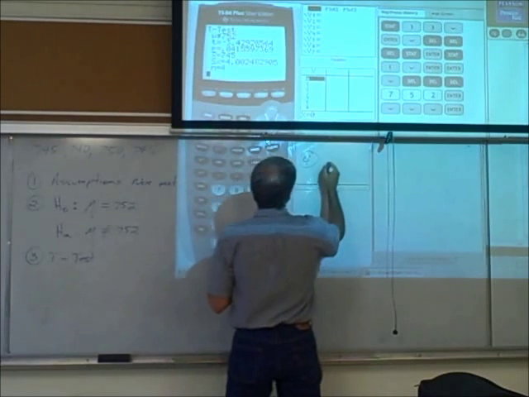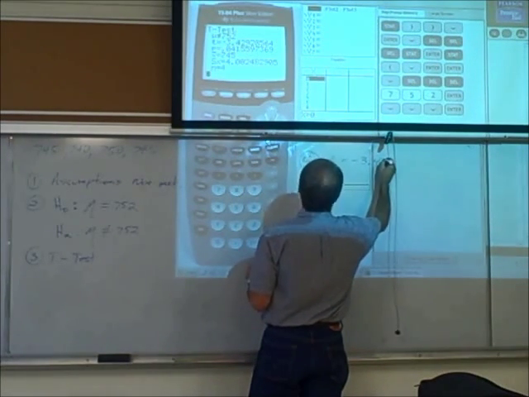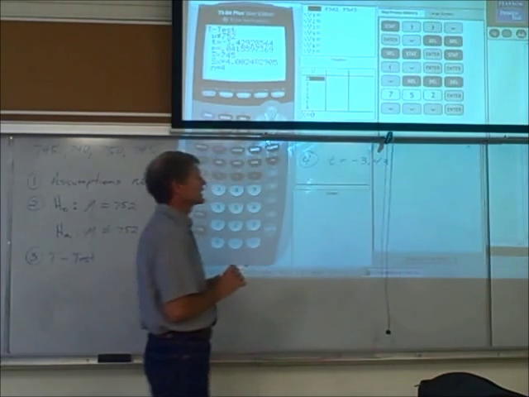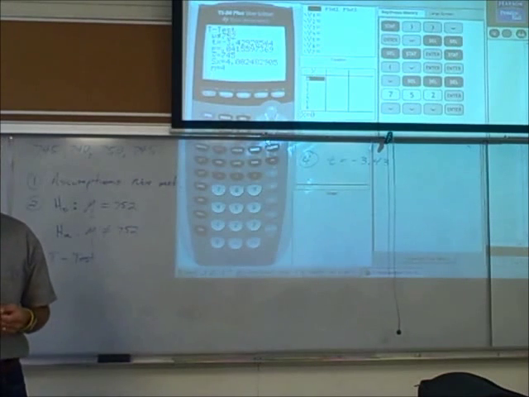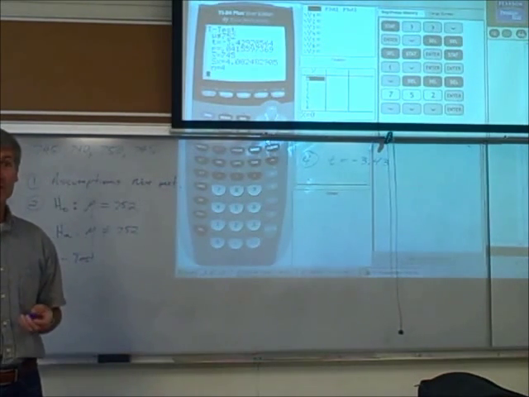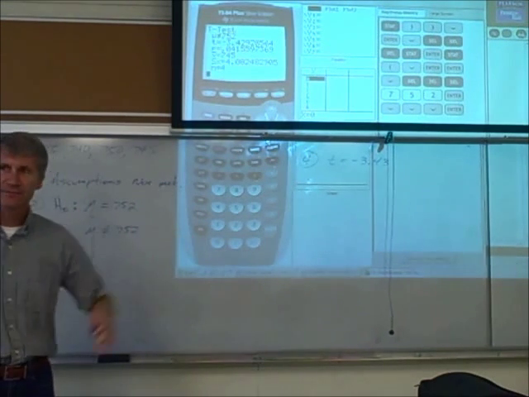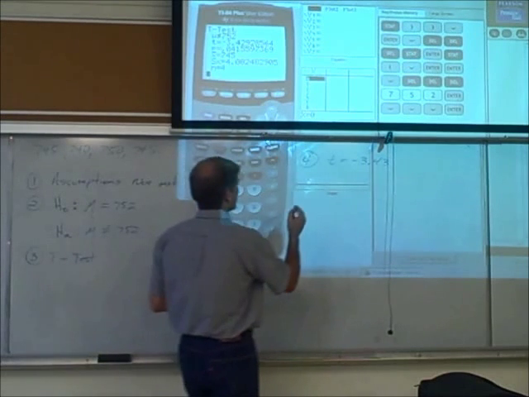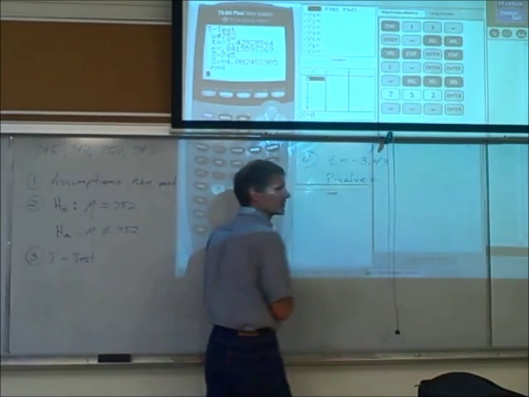Step number 4, the t-test statistic is negative 3.43 if I round to 2 places. And that's why I used that number negative 3.4 earlier, because that one was stuck in my head from my earlier class. So we've already decided, hey, that's a big value. That's out there in the tail. That's evidence against the null. The p-value tells us how strong that evidence is.